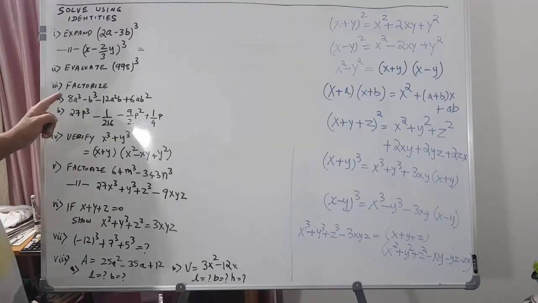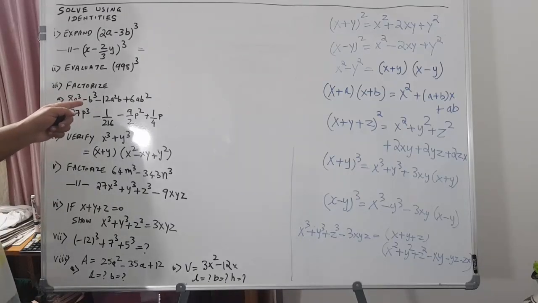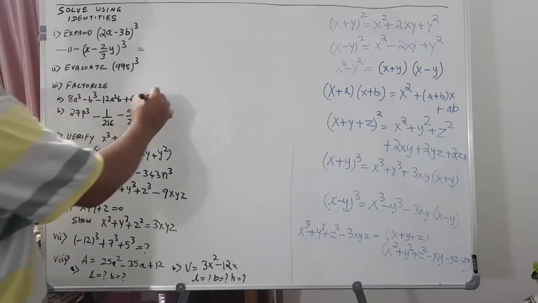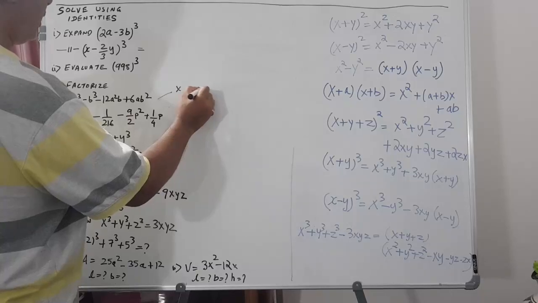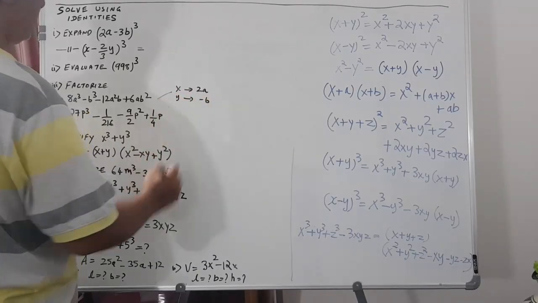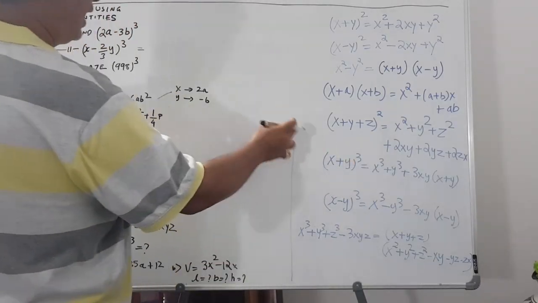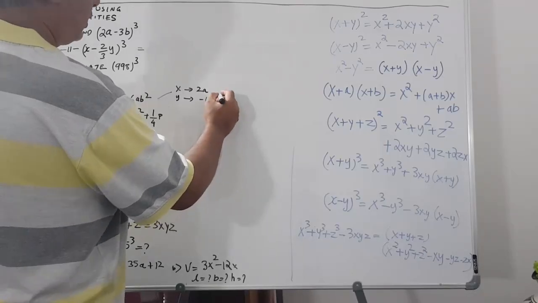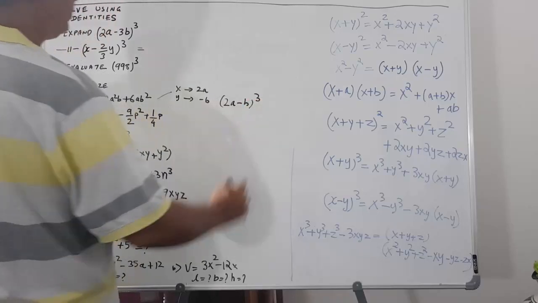So instead of x we have 2a, and instead of y we have minus b. Using this identity, we'll get this to be (2a − b) whole cube.